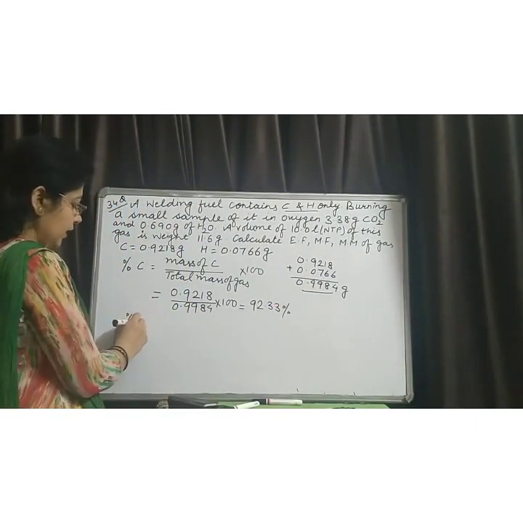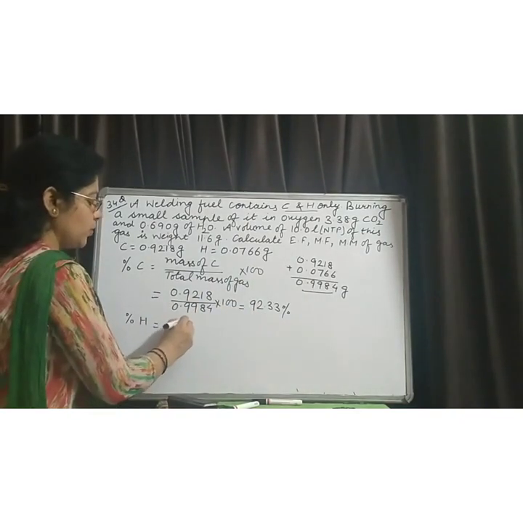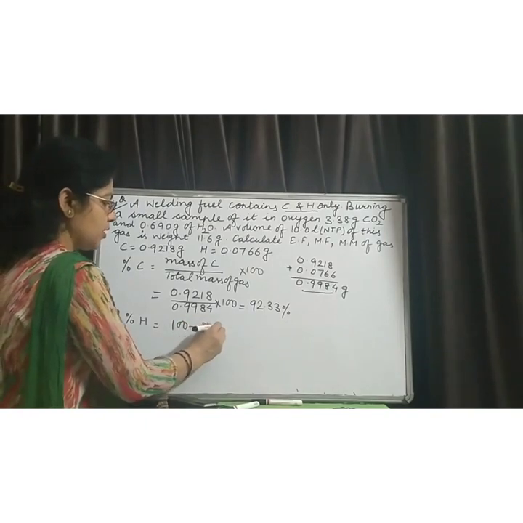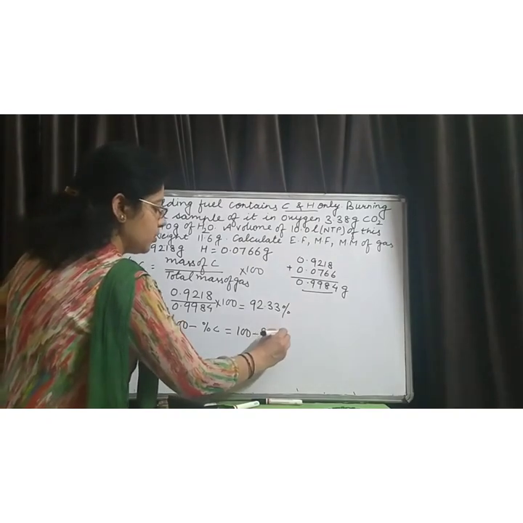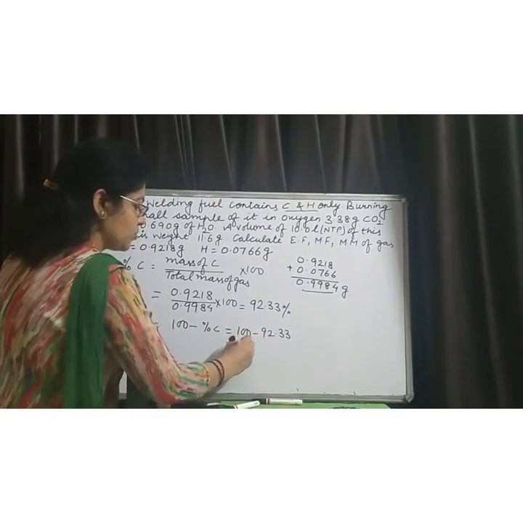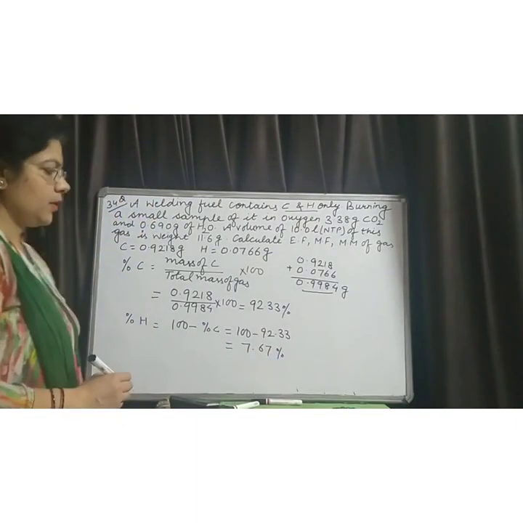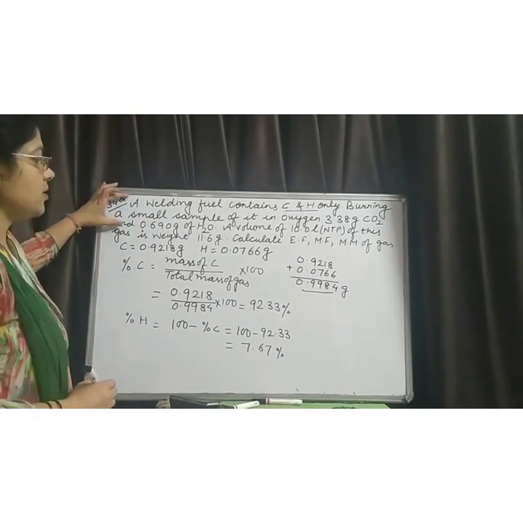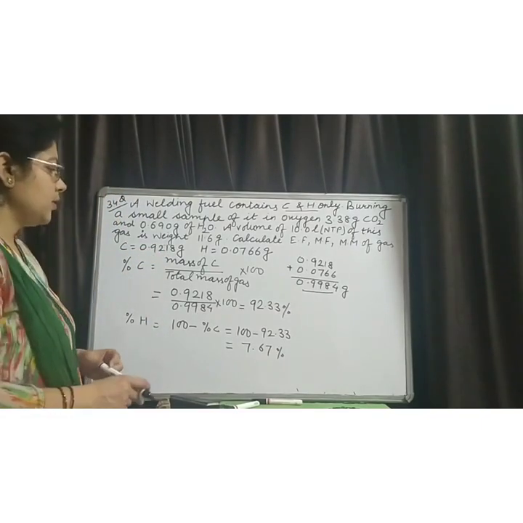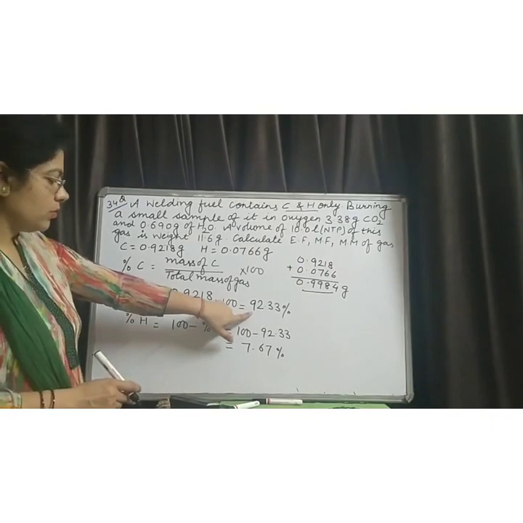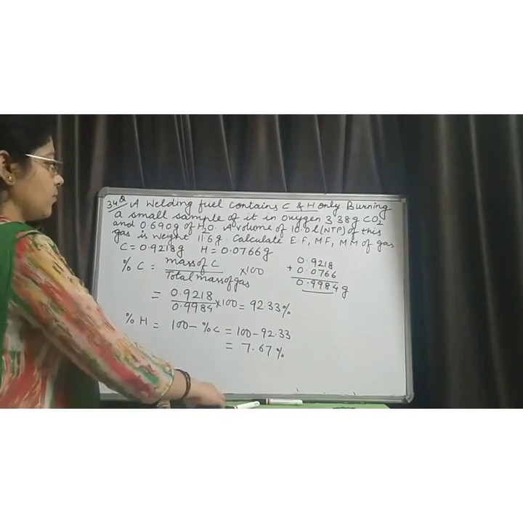Next, we have to calculate the percentage of hydrogen. Percentage of hydrogen is equal to 100 minus percentage of carbon, that is 100 minus 92.33. It comes out to be approximately 7.67%. Up to now, we have found the percentage of carbon and percentage of hydrogen.